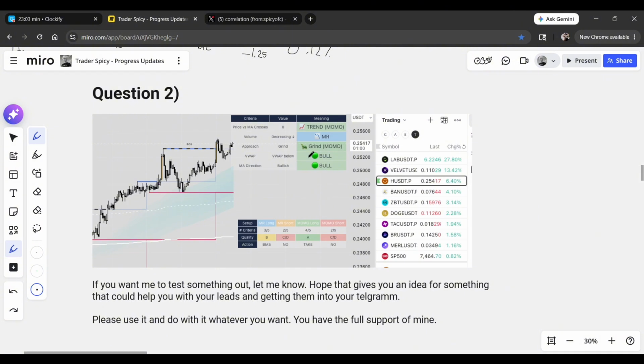And then to also go out of your way to reach out to me and give the code, to be like, hey man, you could literally go and build something like this and hopefully it gets you leads into your Telegram. Do whatever you want with it. You have my full support. This is incredible. I really appreciate that.